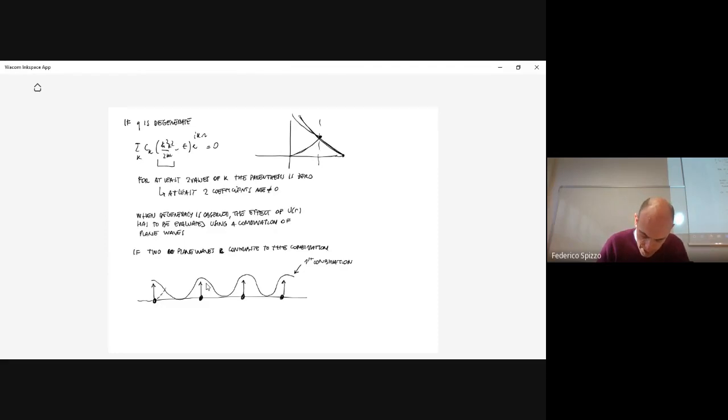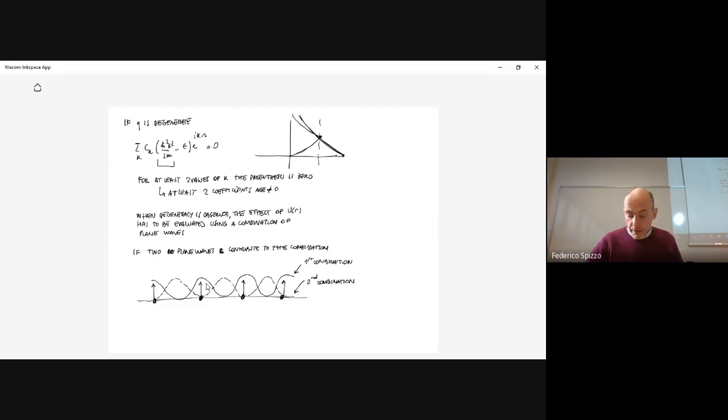Differently, what you find is that the second combination has an amplitude that is maximum not over the ions, but in between two ions. So due to the fact that the amplitude of this combination is minimum over the ions, this second combination doesn't feel the effect of the ionic potential in a strong way.